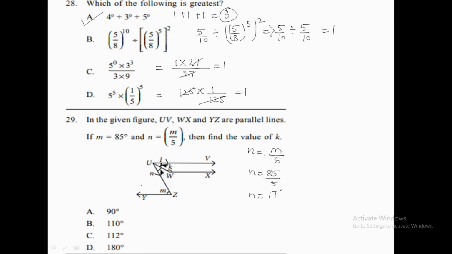First, we are going to extend these lines like this. So what we are getting, if this is angle M, then this will also be angle M. The value of this angle will be 85 degrees, correct?